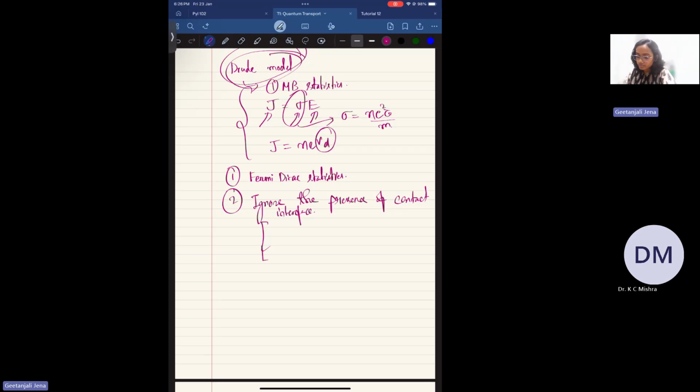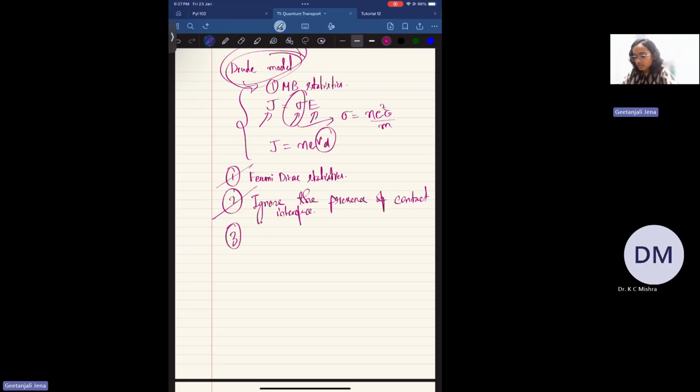So when we merge two materials, what will happen? They have different Fermi levels. Because of this, there will be a non-zero barrier resistance, and because of this non-zero barrier resistance, the IV characteristics will change. So we have to consider the presence of the contact interface to study what will happen to the transport behavior. Okay. So these are the two things that the Drude model completely ignored.